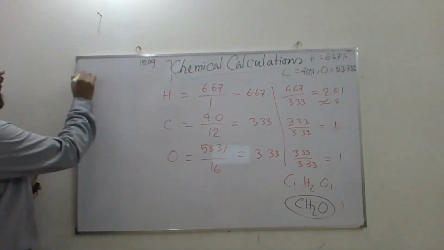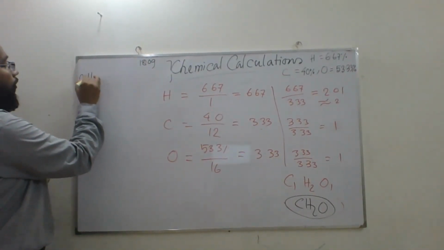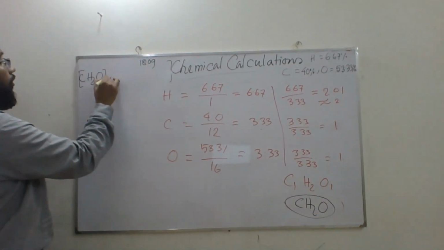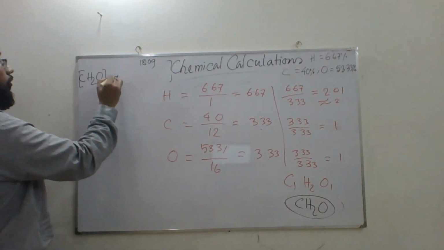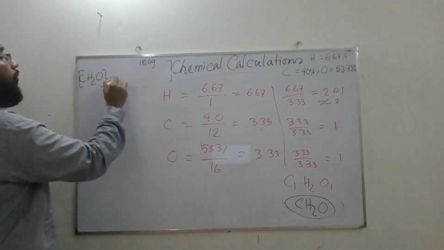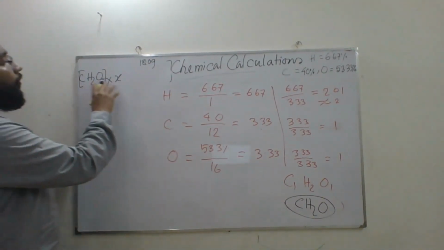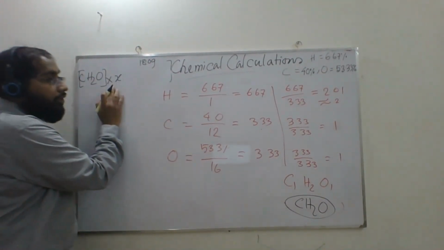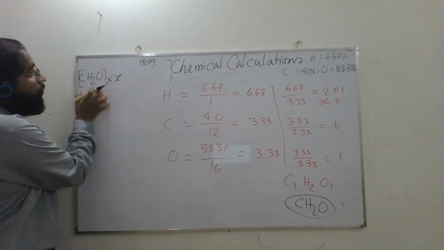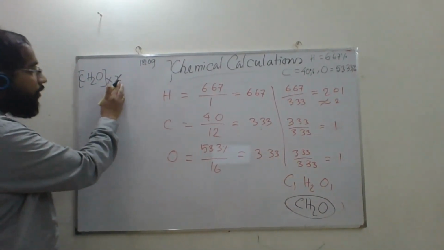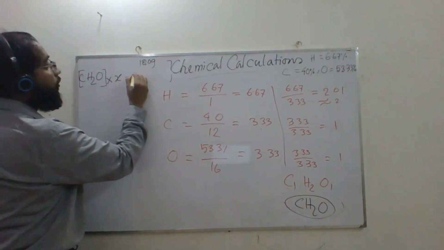We know that the empirical formula is nothing but the simplest ratio of the molecular formula. So if we multiply this empirical formula by an integer, the simplest ratio, then we will find the molecular formula.